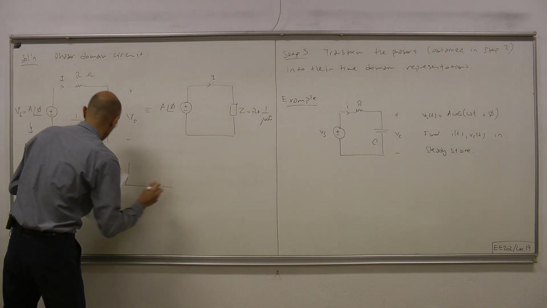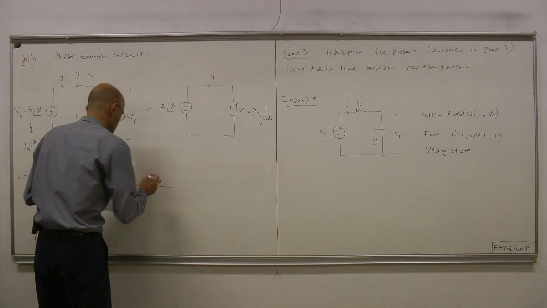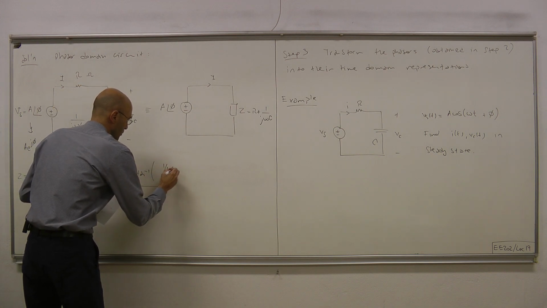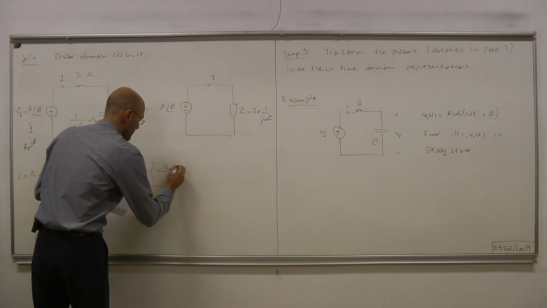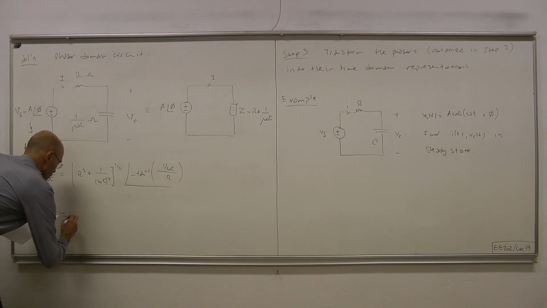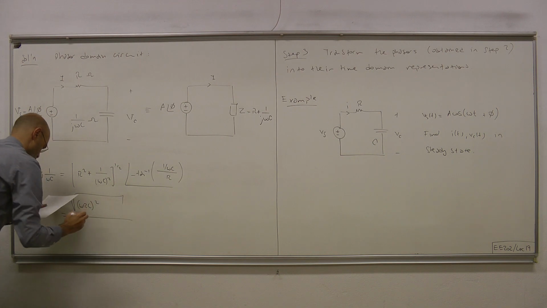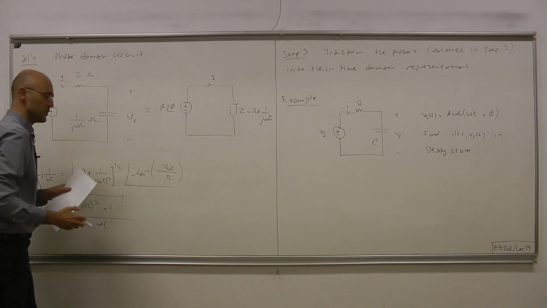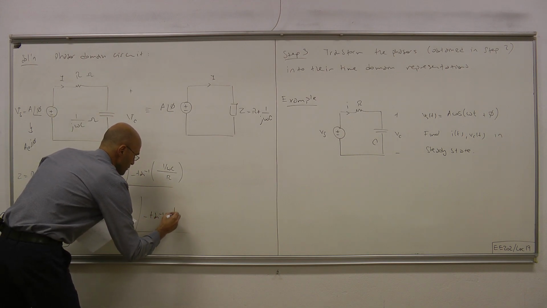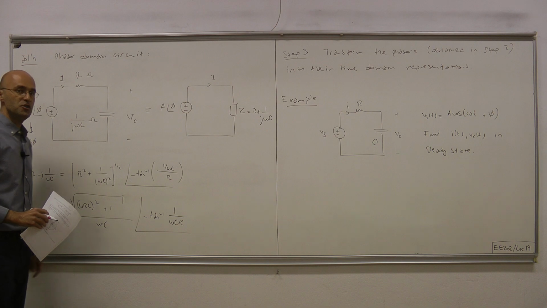And then the phase: minus arctangent of 1 over omega C over R. Simplified a little bit, this gives us the following: the magnitude is the square root of (omega R C) squared plus 1, over omega C, and we have the phase minus arctangent 1 over omega C R. Okay, so that's Z.